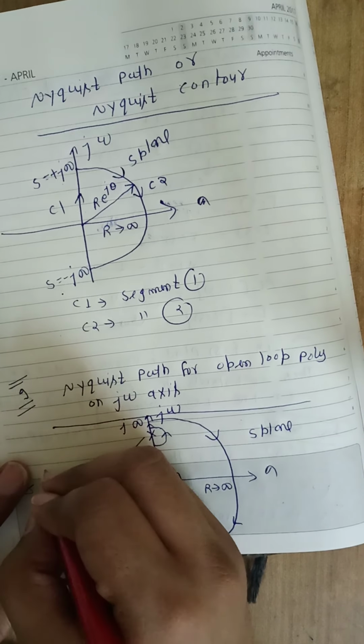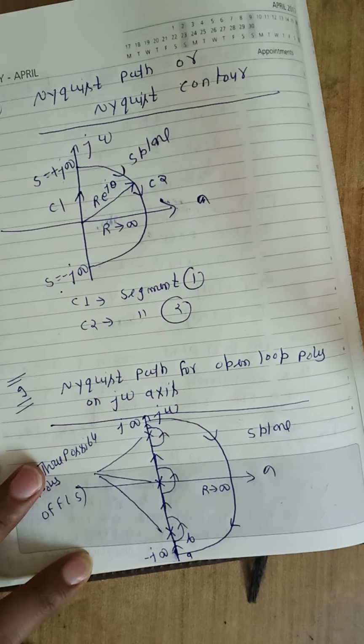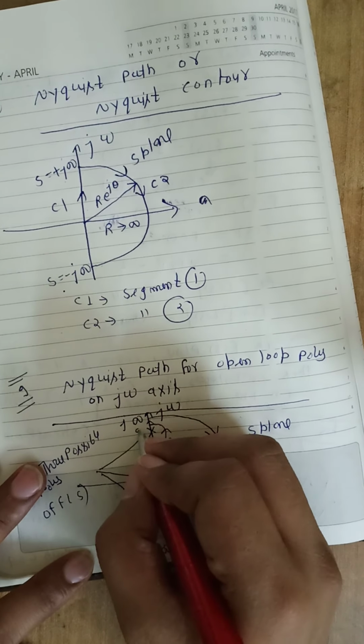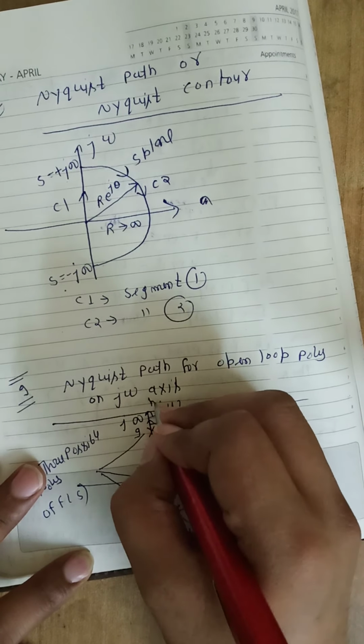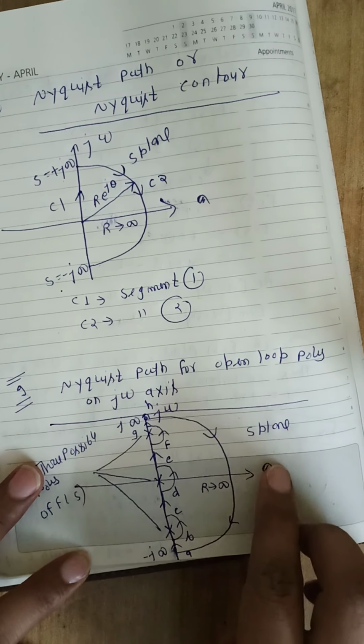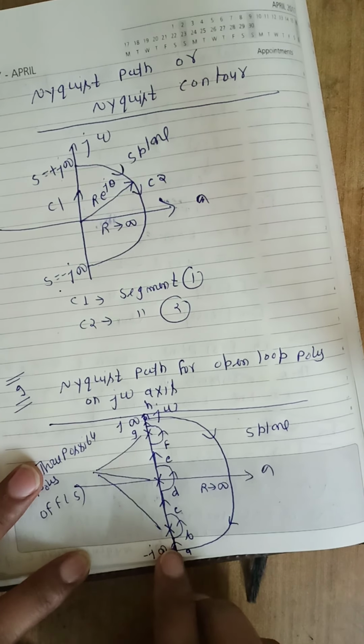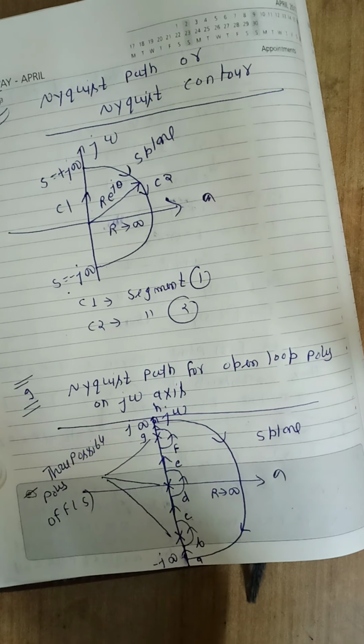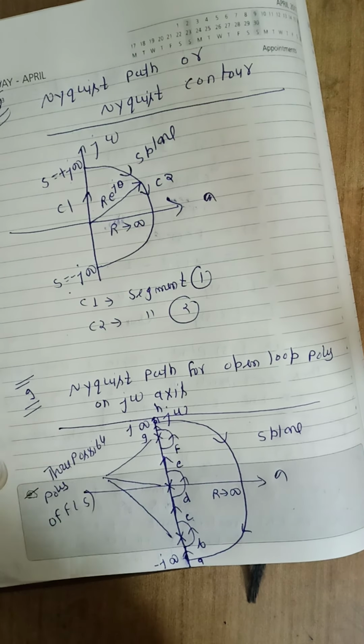So this is path AB. Suppose this is A, this is B. Suppose this is path BC, this is path CD, this is D to E, this is E to F, this is F to G, and this is G to H. Here we have H, and this is H to A. So this is Nyquist path for open loop poles on the j omega axis.